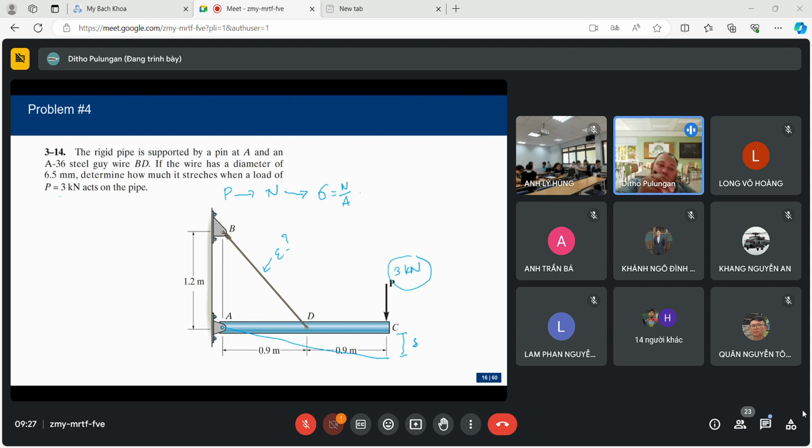Once you know the stress, what do you do? What's next after calculating the stress? Calculating the strain, which is sigma divided by E. So this is called, how do you call it? Hooke's law.